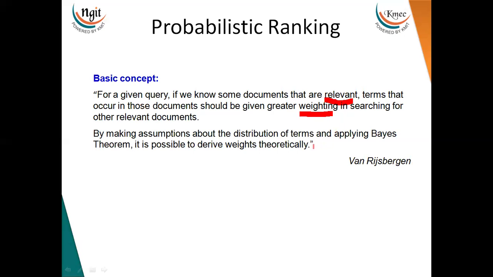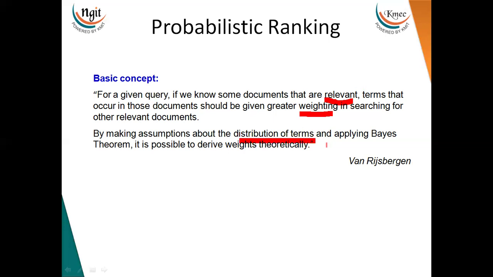So for this purpose, I will assume how the term in the query is distributed in the document, and how I'm going to use the Bayes theorem to derive these weights. So you should keep all these things in mind before we move to the next video, in which we are going to see the two models, that is the binary independence model and the non-binary independence model.